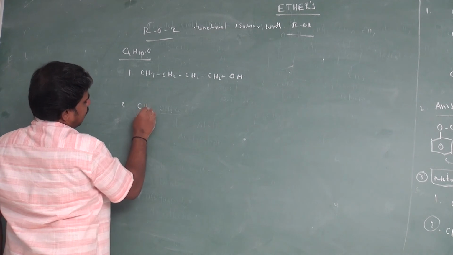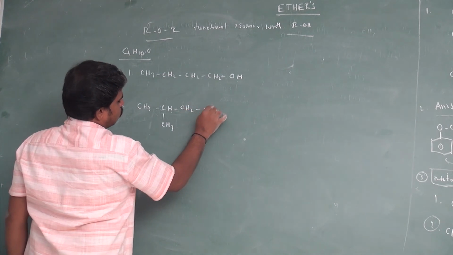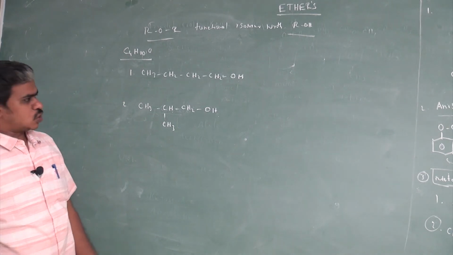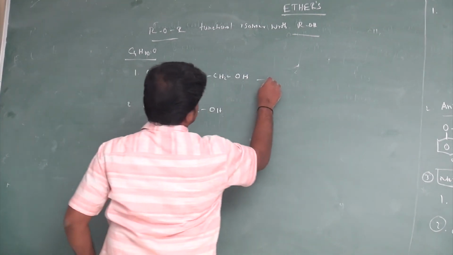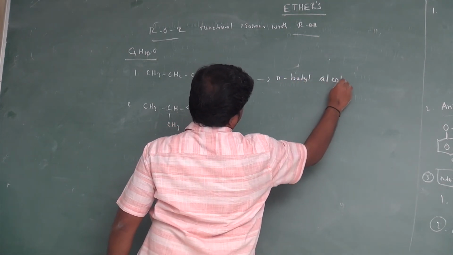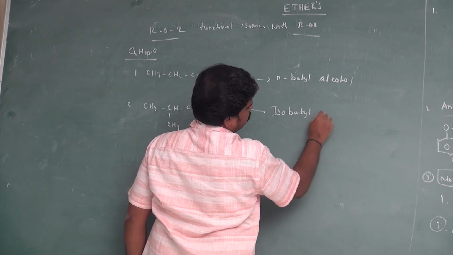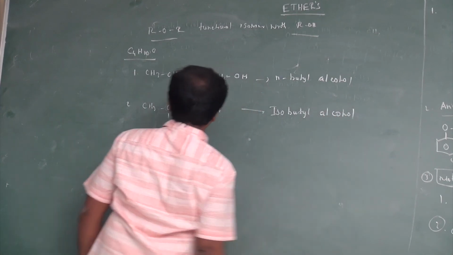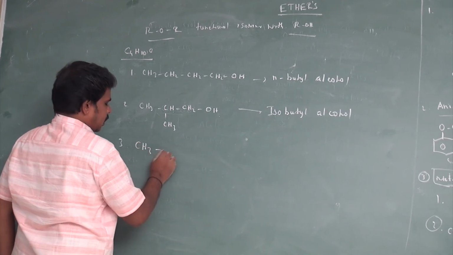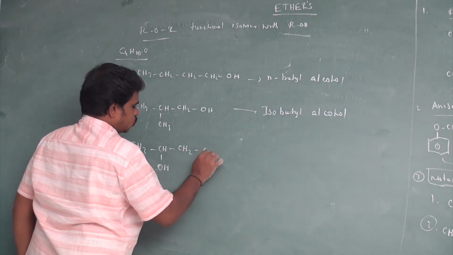Then the second one, it is CH3, CH, CH3, CH2OH. It is also 1, 2, 3, 4 and OH. So C4H10O, and here it is isobutyl alcohol. And one more we are taking, that is CH3, CH(OH), CH2, CH3.